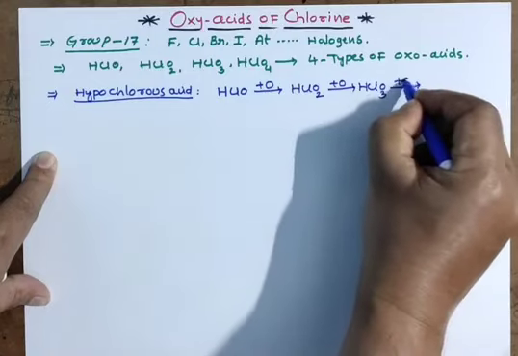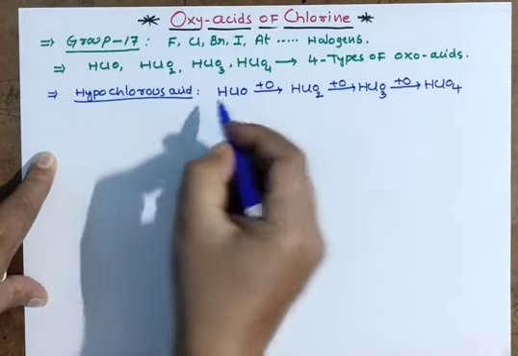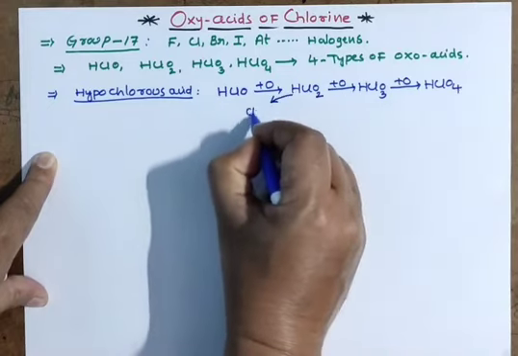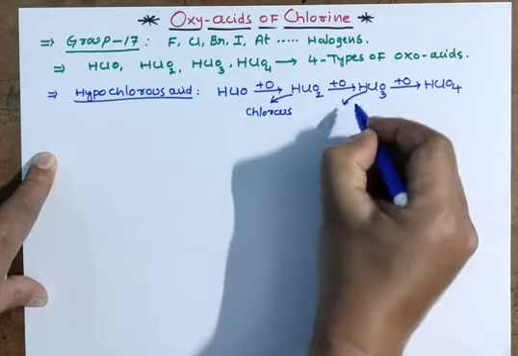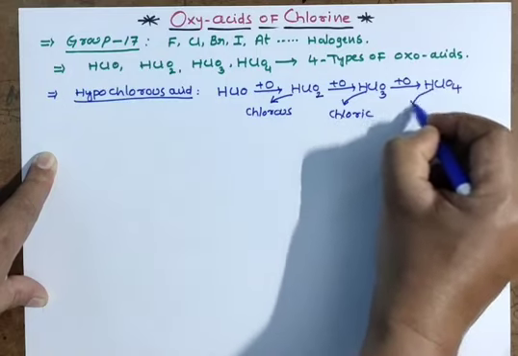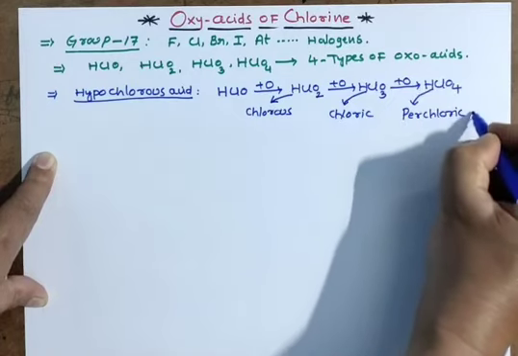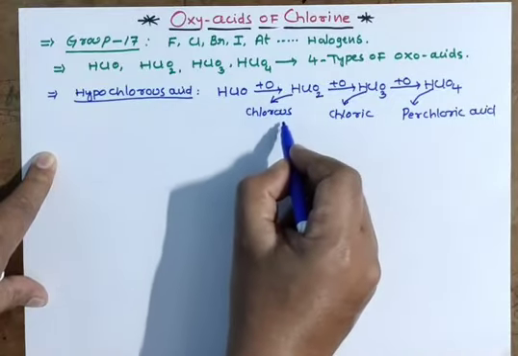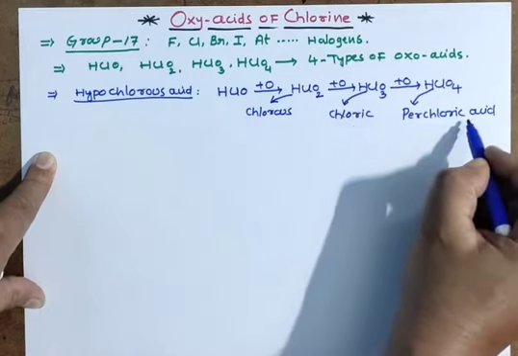Add one more oxygen, you are getting HClO4. This is hypochlorous. The second one we are calling chlorous acid. Add one more, you are getting chloric acid. Add one more, you are getting perchloric acid. Very simple.